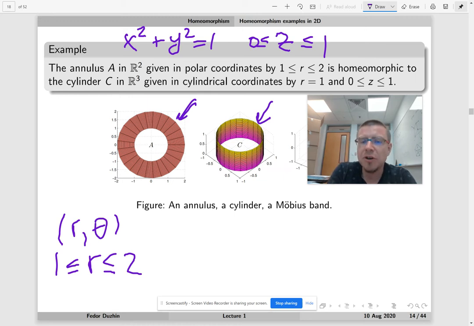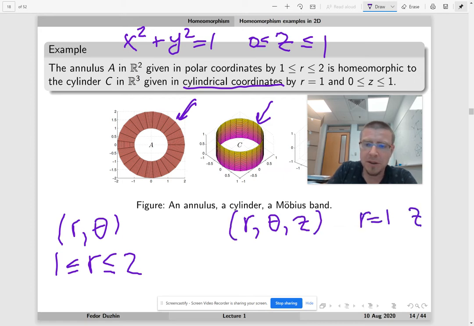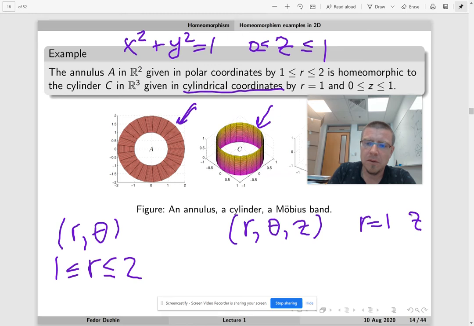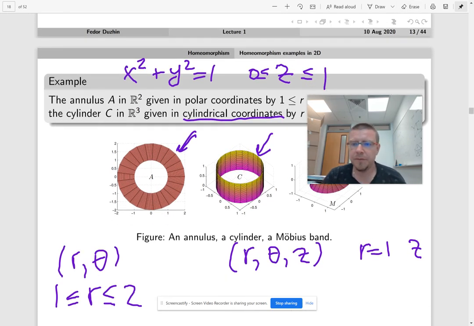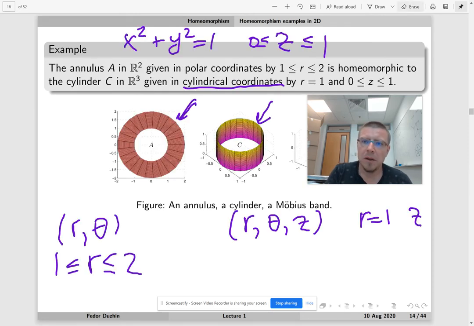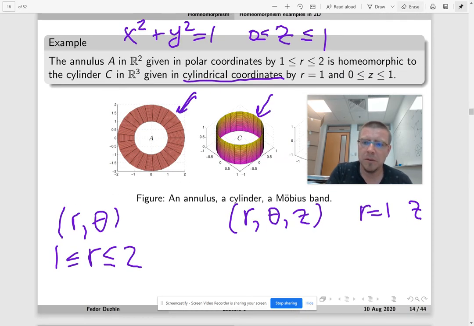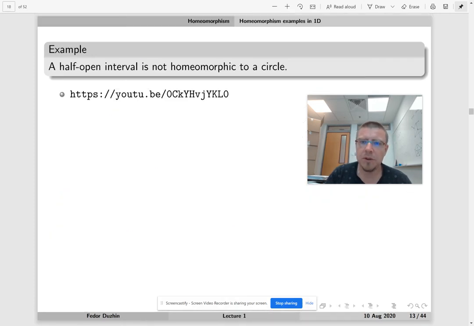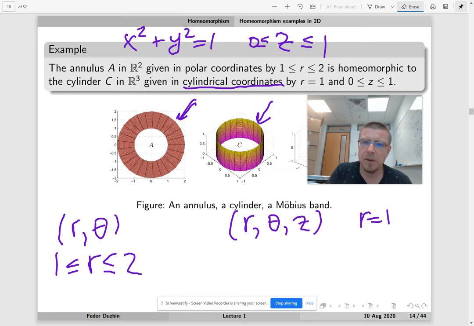But in cylindrical coordinates, so recall from calculus 3 what cylindrical coordinates are, it is given by r, theta, and z, such that r is 1 and z is between 0 and 1. Okay, so let me erase that.